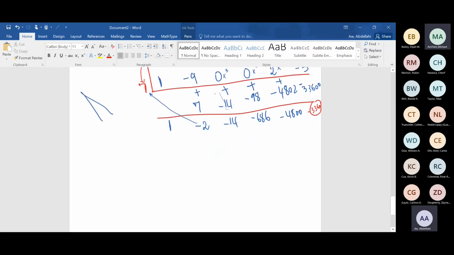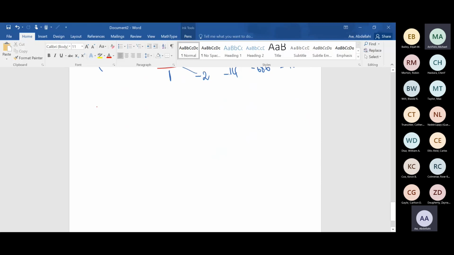So f of x equals 2x to the fourth, hold on, 0 polynomial.